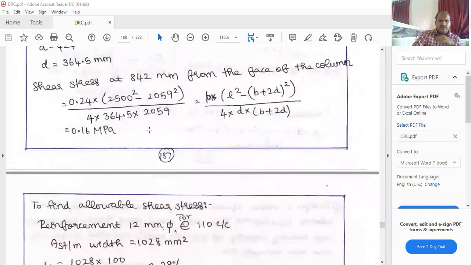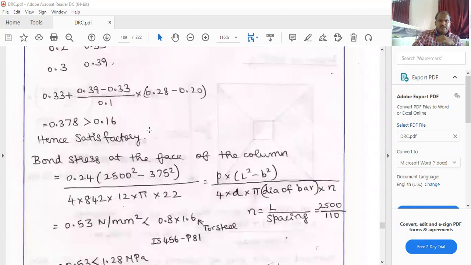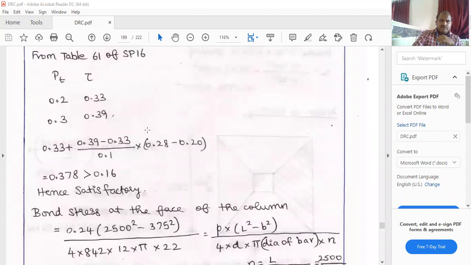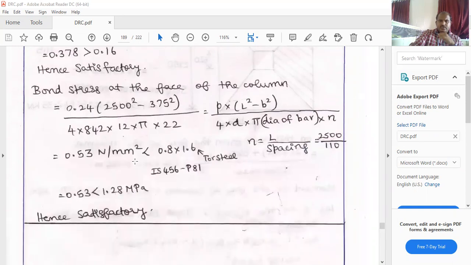And after that, we have to find out one by one the column depth value and the bond stress value. So when all the values are found, we have to proceed to another step. So finally, the bond stress value is nothing but 0.53 less than or equal to 1.28 megapascal. So once this condition is satisfied, we have to provide the next check.